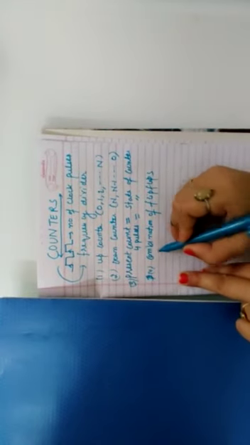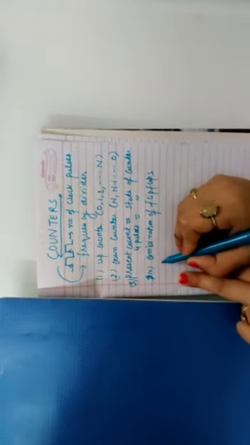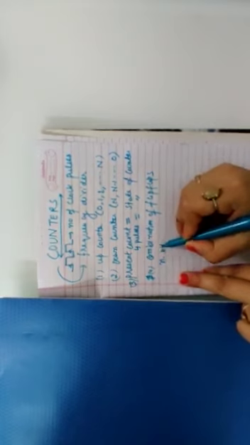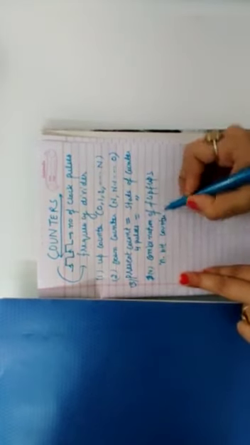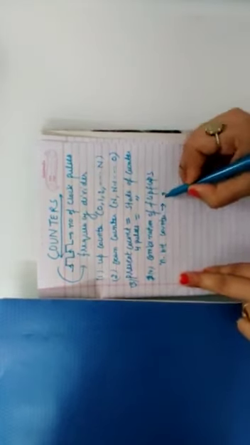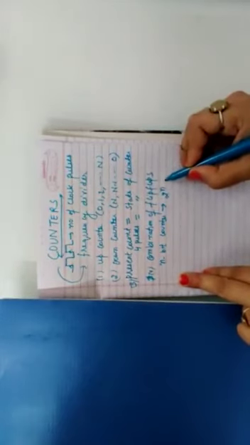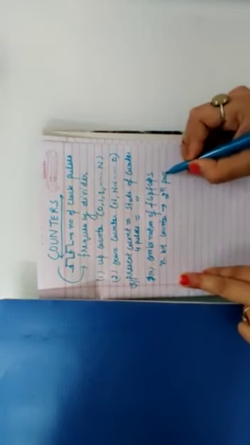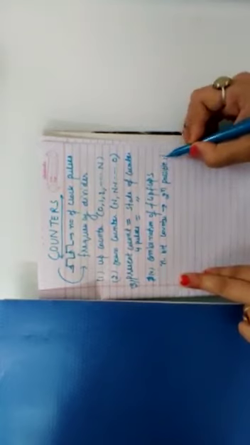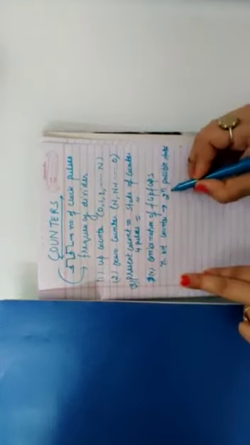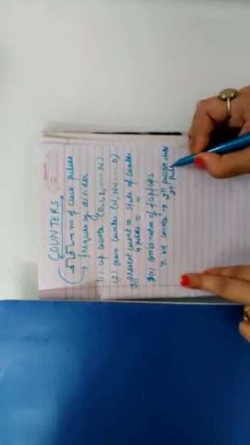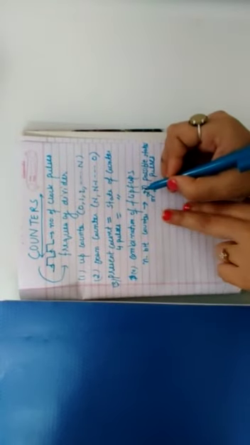But here, for an n-bit counter, there must be 2 to the power n possible states, or 2 to the power n pulses for an n-bit counter.